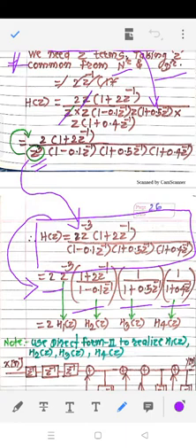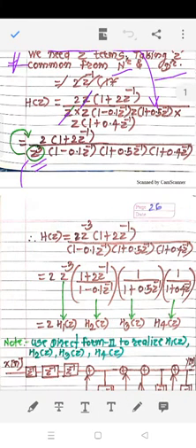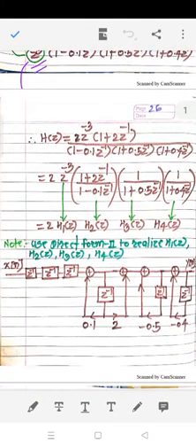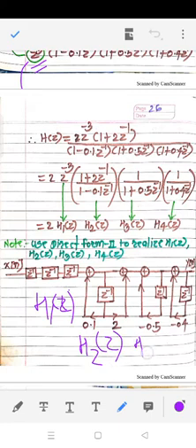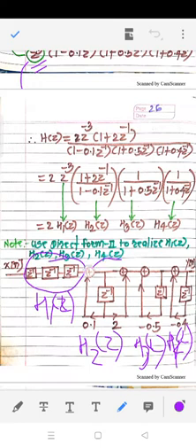So how can we realize this? See the realization on your screen. This is H1 of z, this is H2 of z, this is H3 of z, and the last one is H4 of z.